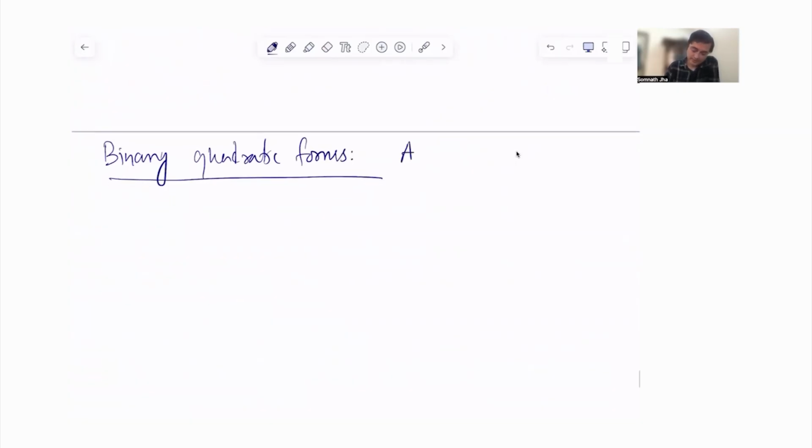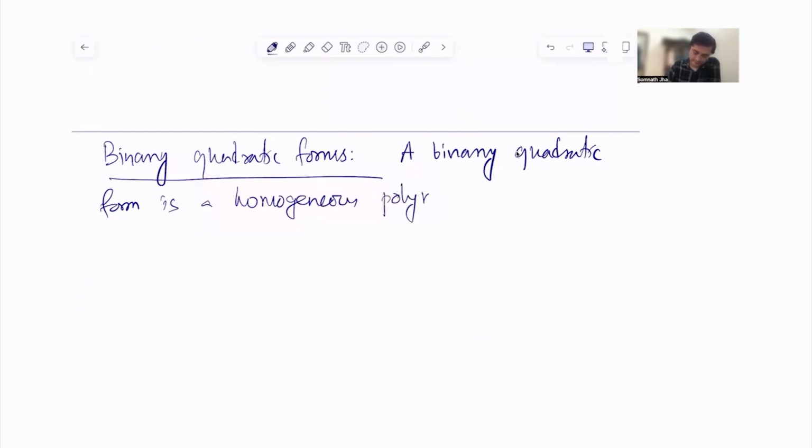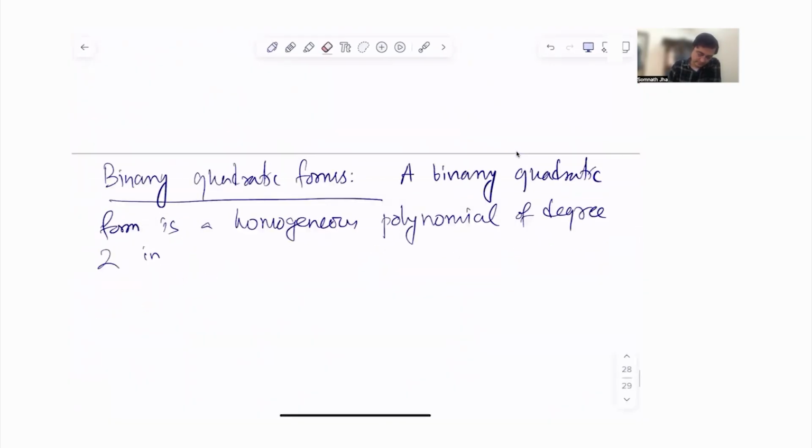So what is a binary quadratic form? A binary quadratic form is a homogeneous polynomial of degree 2 in two variables.